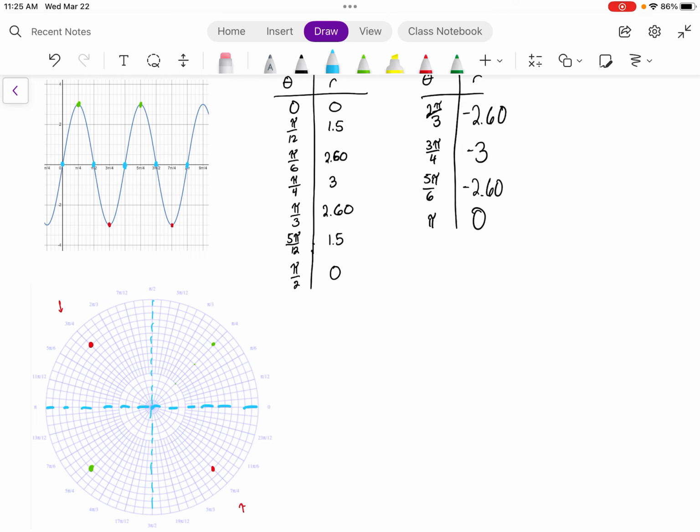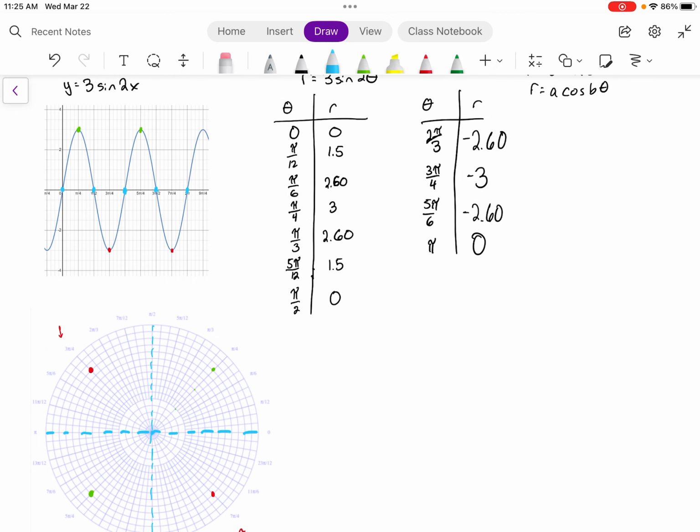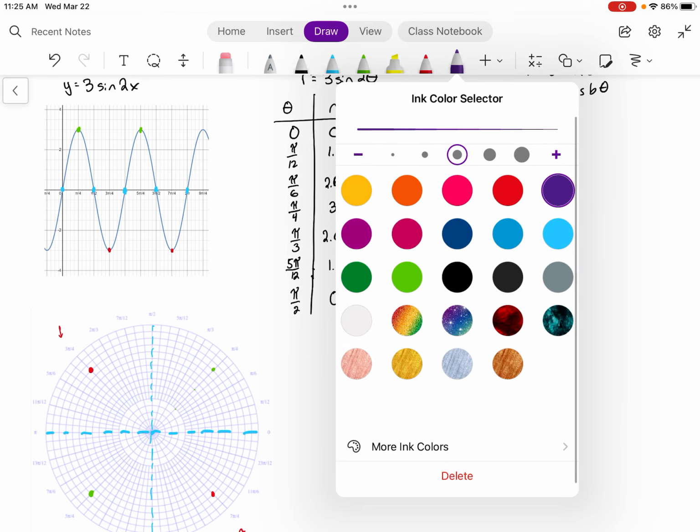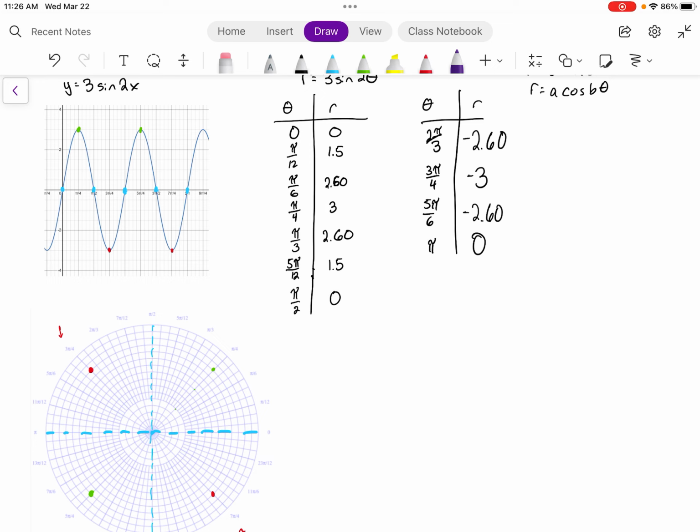Now let's turn our attention to this first t-chart here. Purple's obviously the best, so we'll use purple for the first guy. Let's think about what's happening here. Theta's going from 0 up to pi over 4, and r is getting big pretty fast.